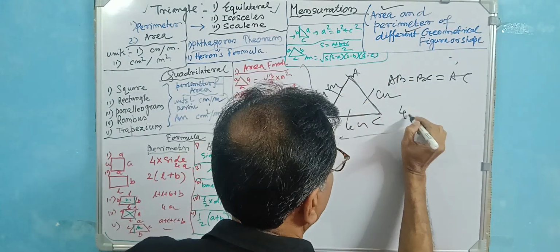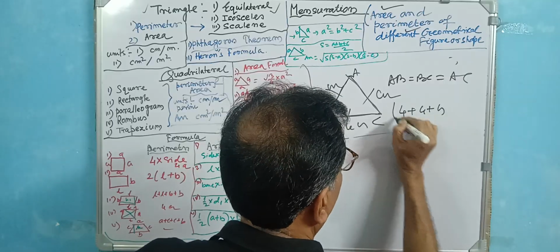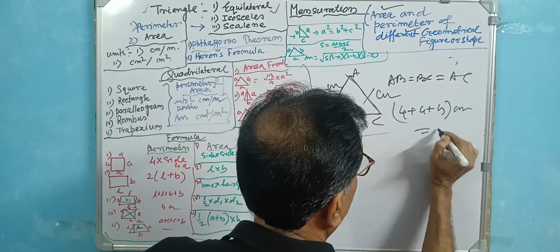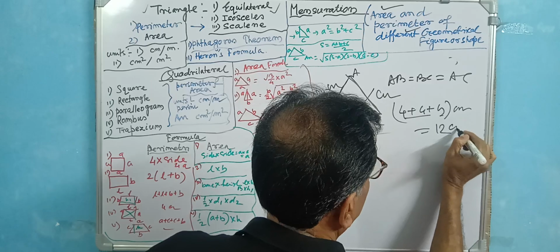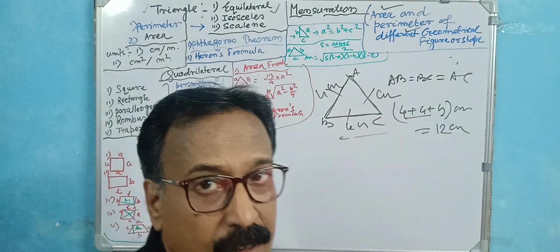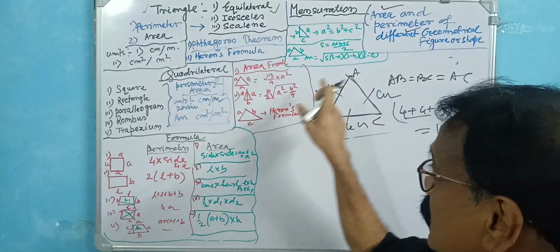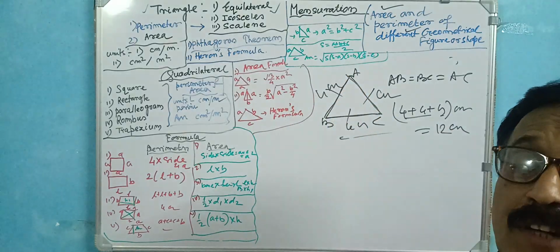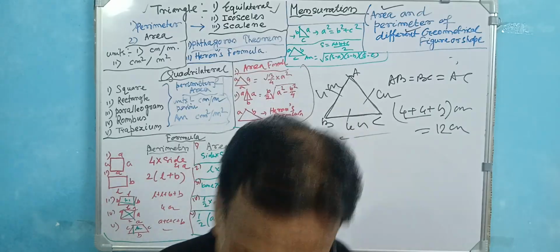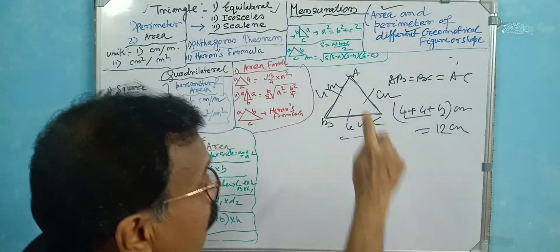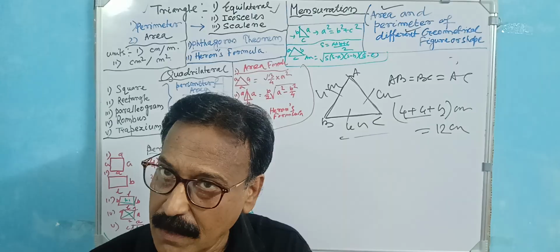So here it is 4 plus 4 plus 4, all in centimeter. What is the perimeter of this triangle ABC? Perimeter means only the boundary. Just add it, that means you calculate the distance. So this is 4 plus 4 plus 4, 12 centimeter.